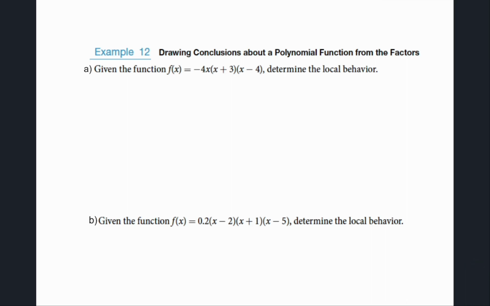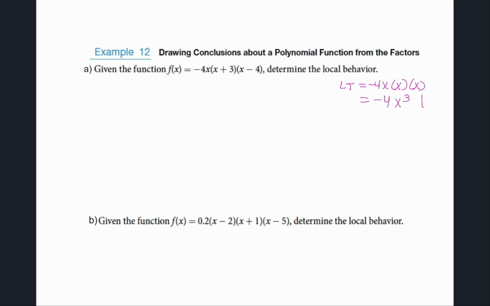So it says, what do we know about the local behavior? So we're talking about hills and valleys. We also can determine a mixture of things. So let me show you. Okay. So the lead term is negative 4x times x, or negative 4x cubed.